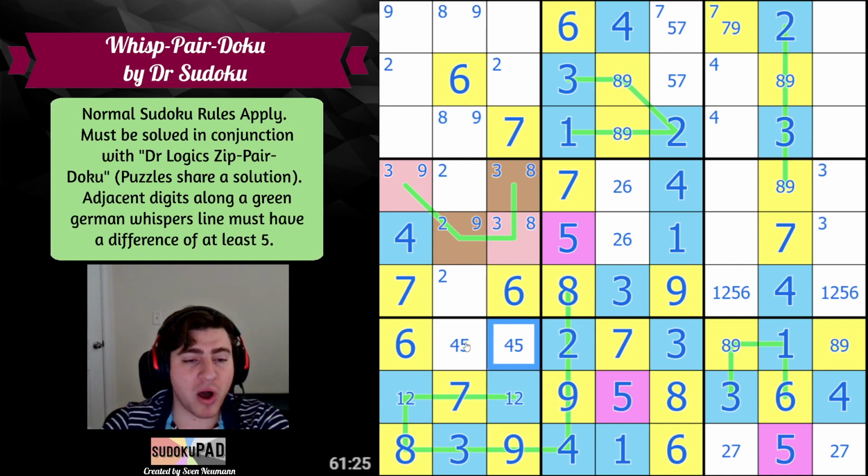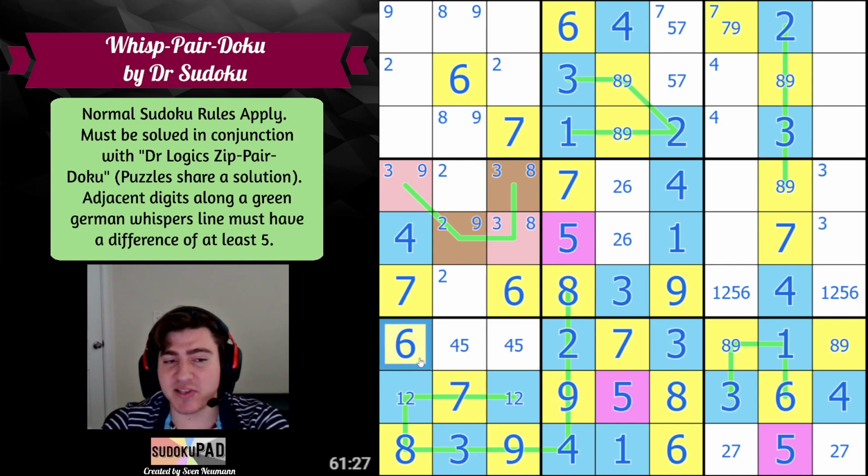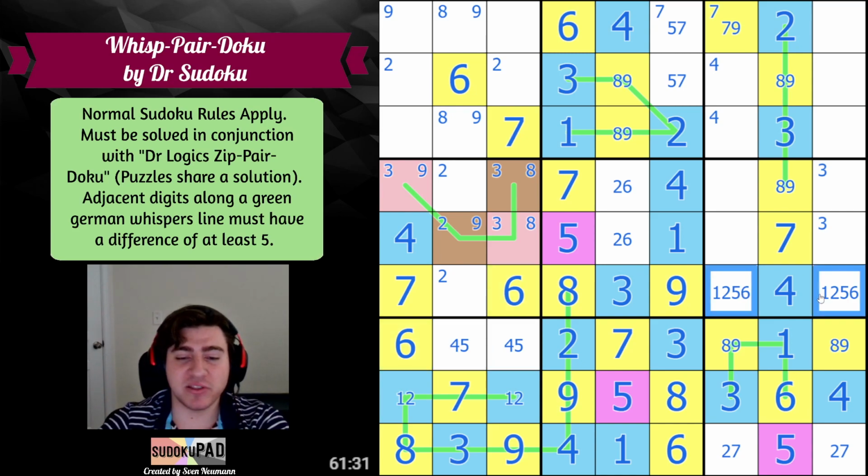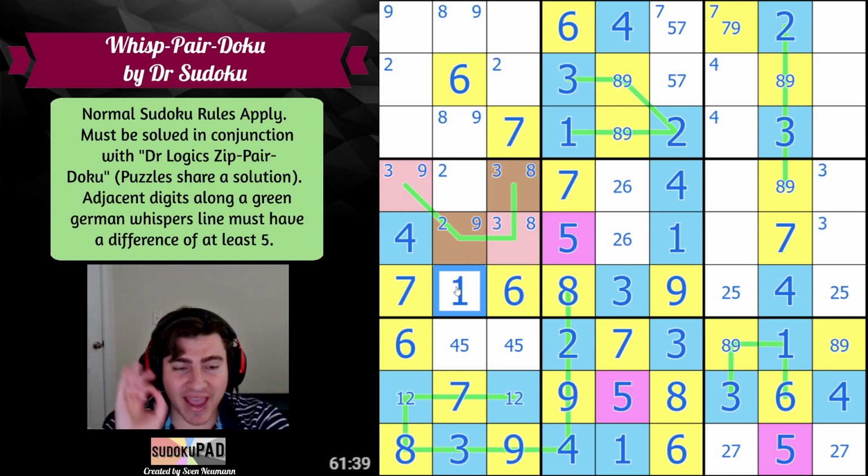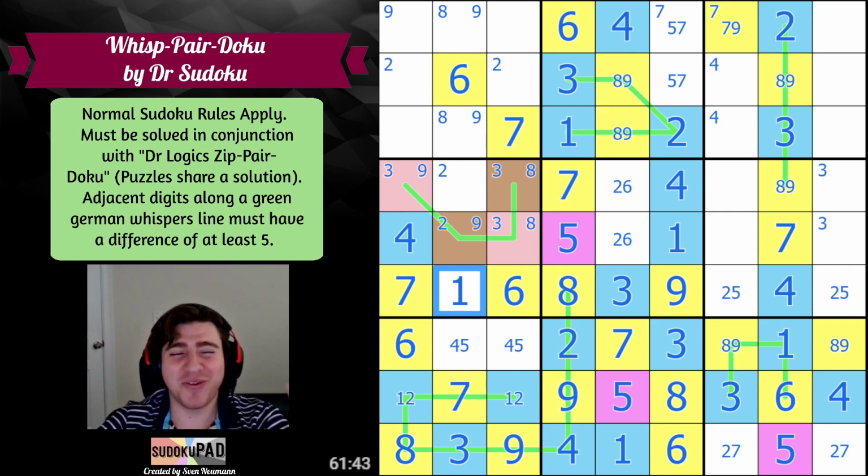So box 7 now has a 6 in cell 1 with a 4 5 pair, and then your 6 now eliminates 1 6 as a possibility, so it's a 2 5 pair, which means 1 belongs in box 4, cell 8.